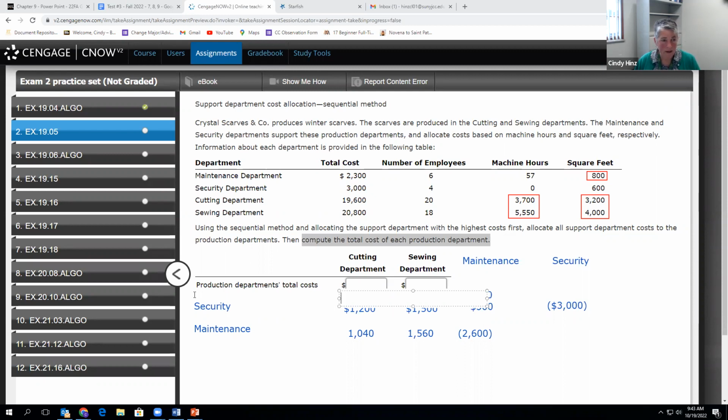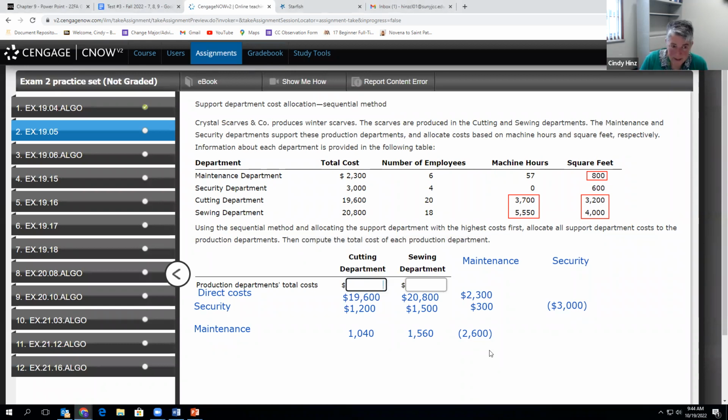I'm going to add one more line here. Good thing I gave myself a little bit of extra room. Squeeze this in here for the direct costs. For cutting, the direct costs were 19,600, and for sewing 20,800. So now I can add those columns together just like we did in the previous exercise to find what we were asked to find, the total cost of each production department.